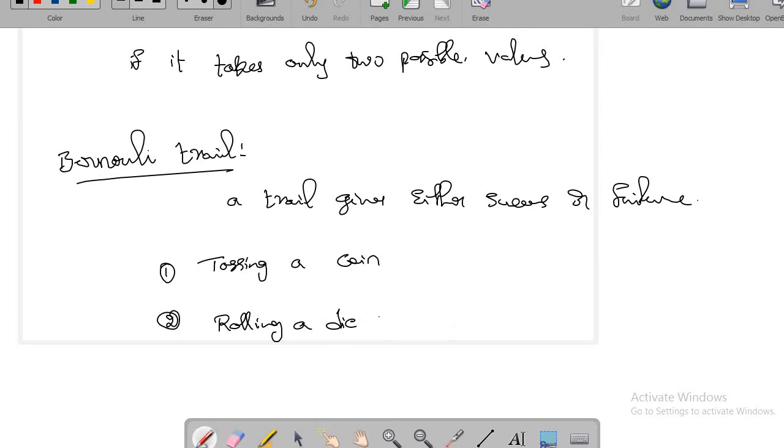Or rolling a die for an even number. It means if the shown up number is even, I take it as success. If the shown up number is odd, then I'll take it as a failure. So that is also a Bernoulli trial.